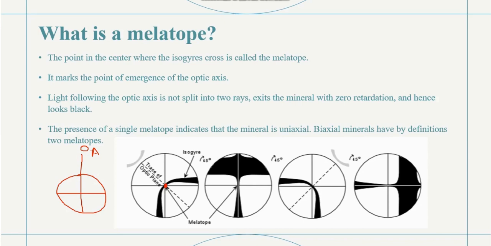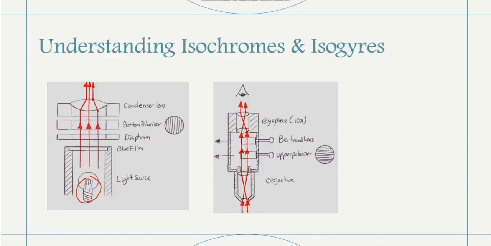That's how these melatopes and the isochromes come into the picture. The presence of a single melatope means uniaxial, and two melatopes means biaxial. All right, I hope you understand now.